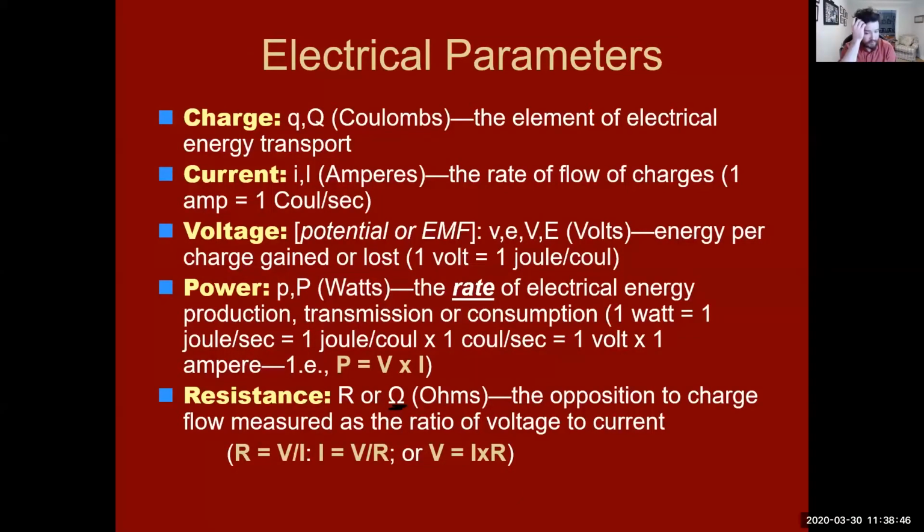And then you have your 3 equations right there. R is equal to V over I, I is equal to V over R, and V is equal to I times R. That is 3 ways to write the same equation. Later in this class, we'll get into how to memorize those easily.